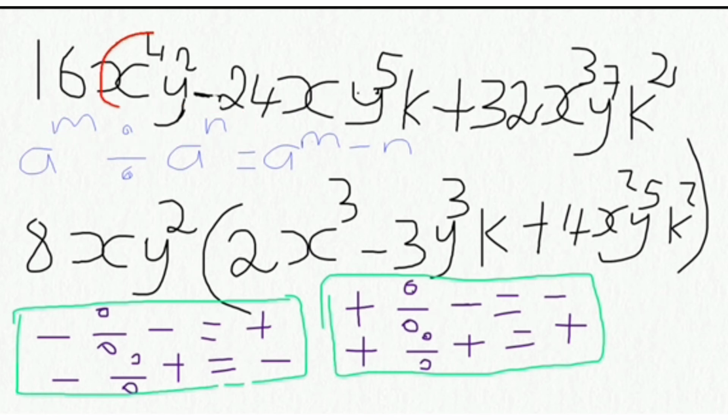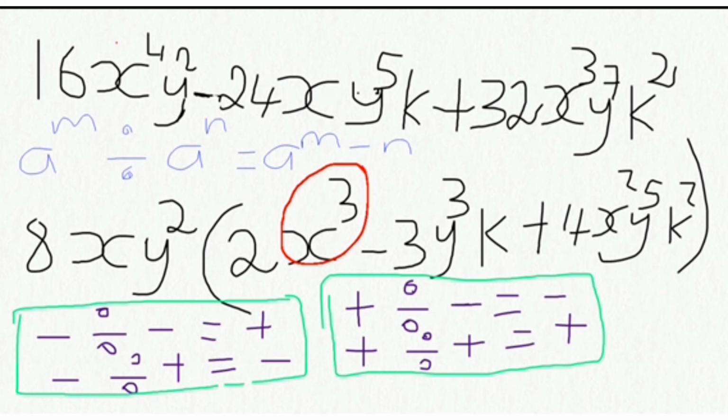x to the power 4 divided by x to the power 1. The bases are the same, so we only write one x, and then we subtract the indices together. 4 minus 1 is equal to x to the power 3.